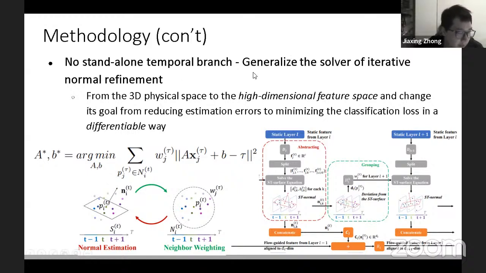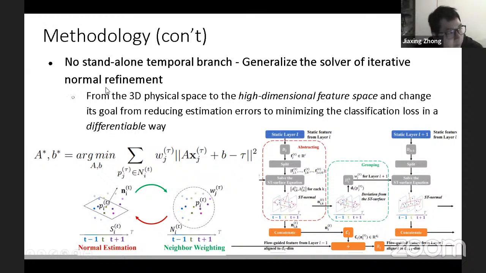In the traditional work, we have the so-called solver of iterative normal refinement, in which the model is trying to get the best or the optimal value of a normal by removing the noises from some irrelevant points.